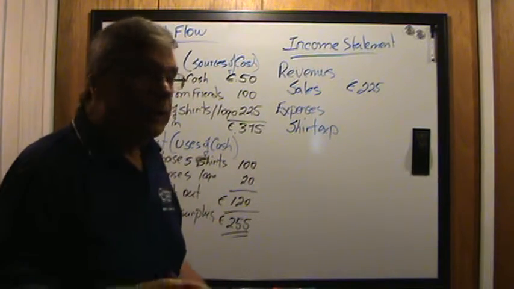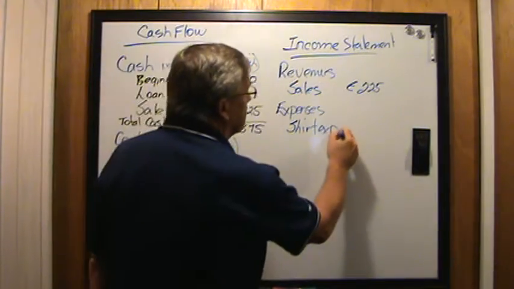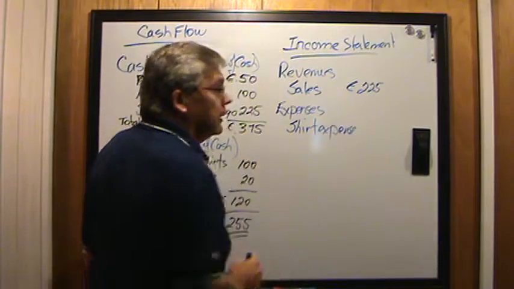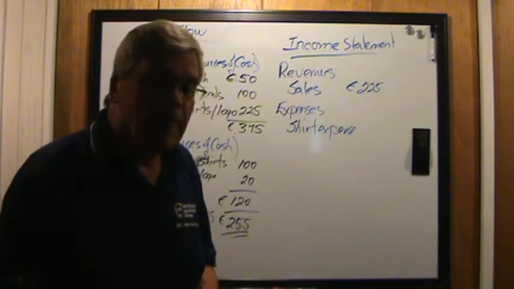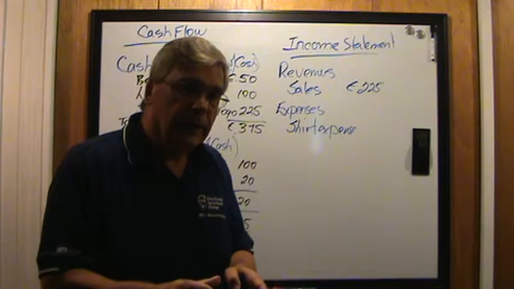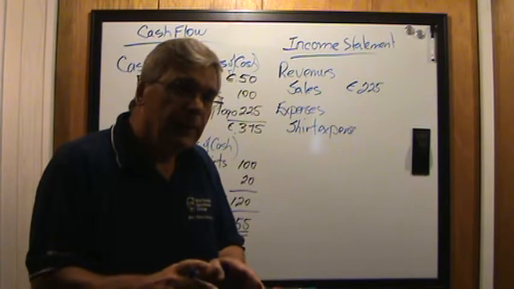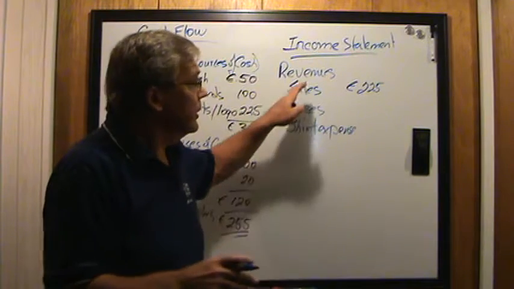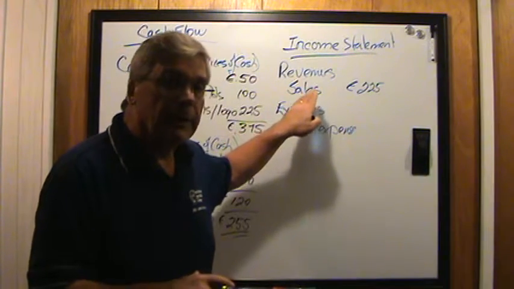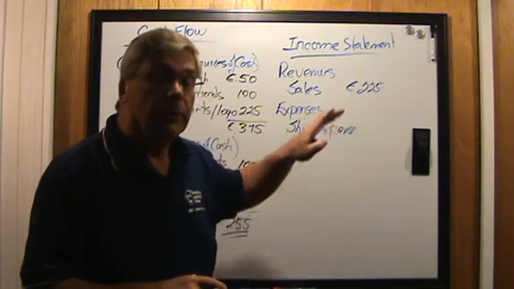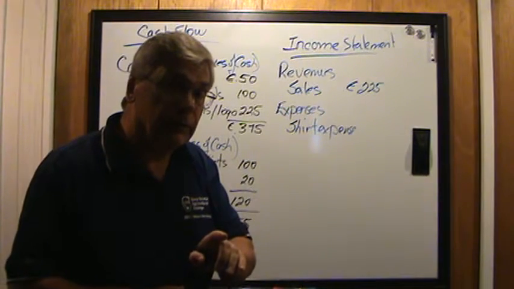Now, we bought 20 shirts, but we only sold 15. So the cost or the expenses that we incurred to earn the revenues represented by the sales of 15 shirts is the cost of 15 shirts.